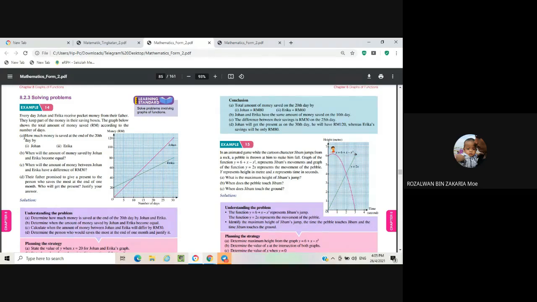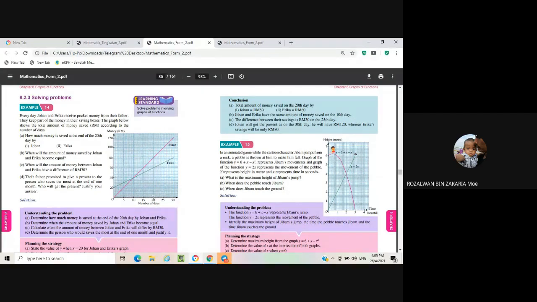So question A: how much money is saved at the end of 20 days by Johan? Number 1, so how to do? For A1, that means from this graph, you need to find the number of days, 20 here.